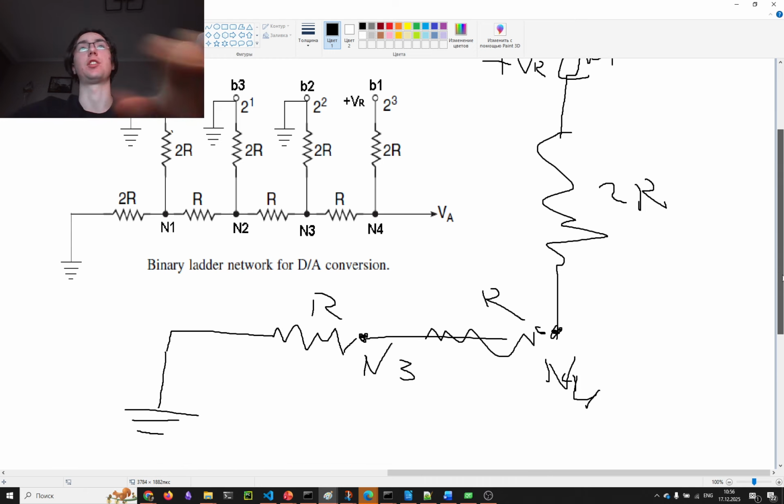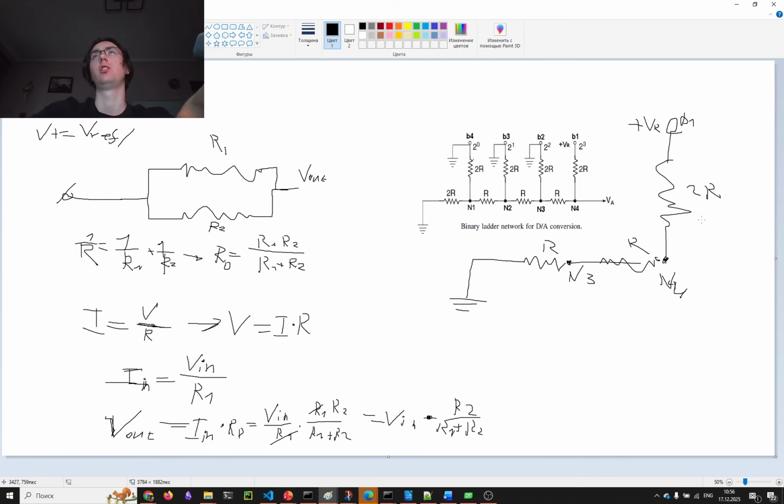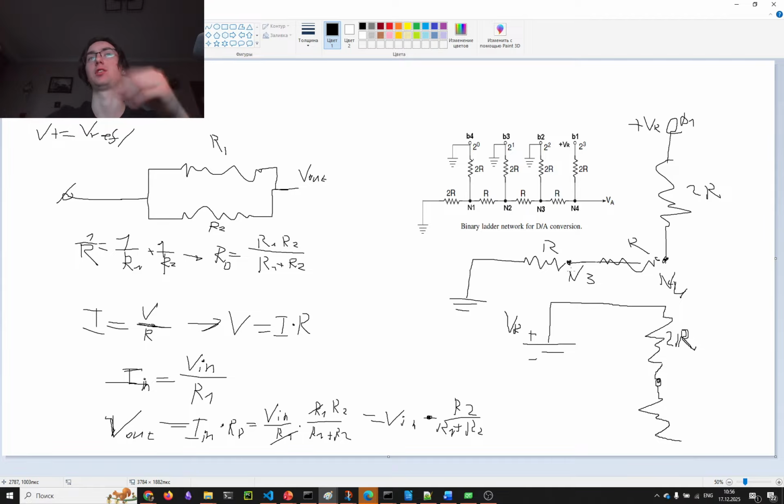Basically, what do we got here? We basically have a circuit where there is the voltage source with VR, and then we get 2R here, and here, well, basically 2R as well, because they are sequentially connected, so we can count them up as 2R, and then it locks.